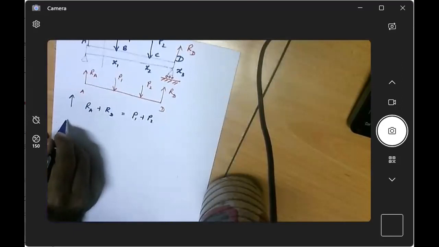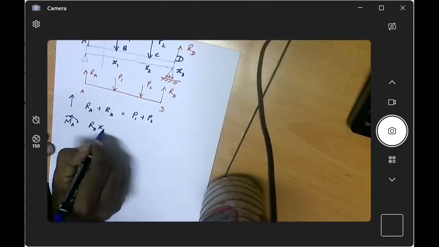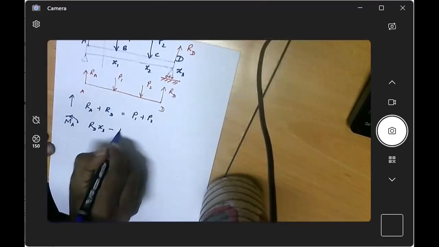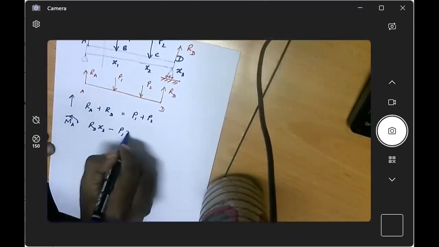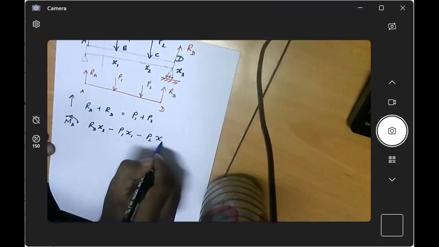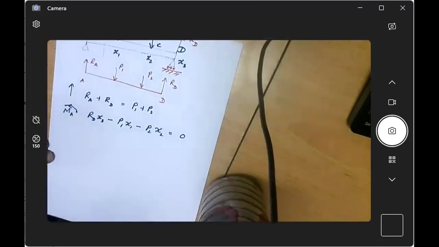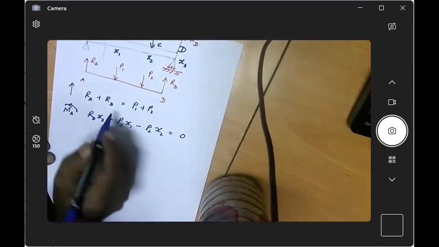Let's say it is A. We have RD into X3 minus P1 into X1 minus P2 into X2, right? Now we have two unknowns and two equations, so you can find RA and RD.